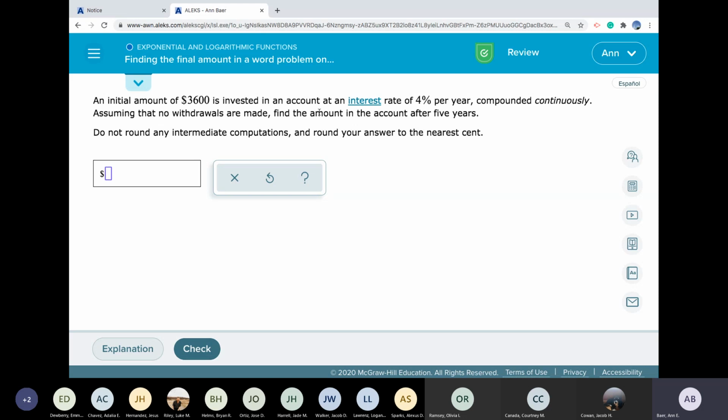I'm going to write down the interest rate: 4% per year, 4% compounded continuously. Well, we've selected the right formula, so we don't need to write that down. Assuming that no withdrawals are made, find the amount in the account after 5 years, at the 5-year mark is what they really mean.